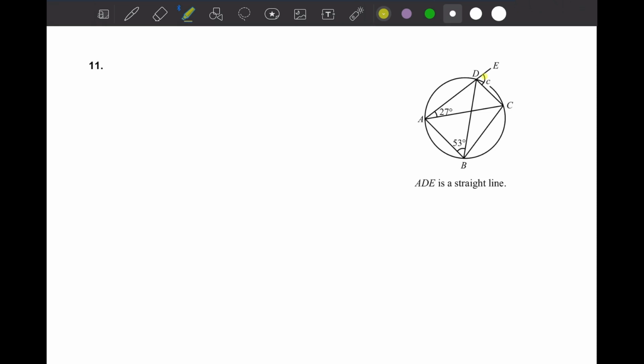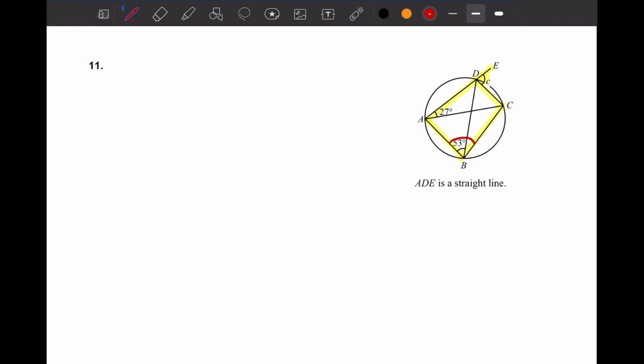So question 11. The unknown is here, and you can clearly see that this is your exterior angle of the cyclic quadrilateral. If you still can't see it, just highlight it a little bit so that you can see it. Then you have to find this unknown. But the thing is, the exterior angle is supposed to equal the interior opposite angle, which is your ABC.